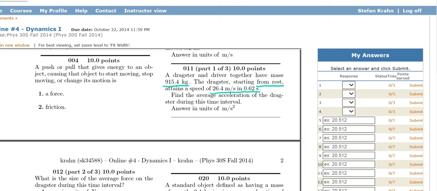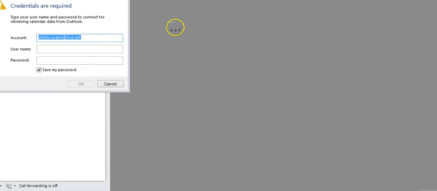So let me minimize this and get rid of these things. Okay, so here, let's set this up. From my information there, I know that my initial velocity is 0.